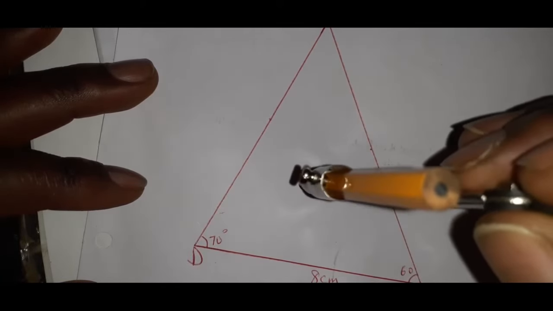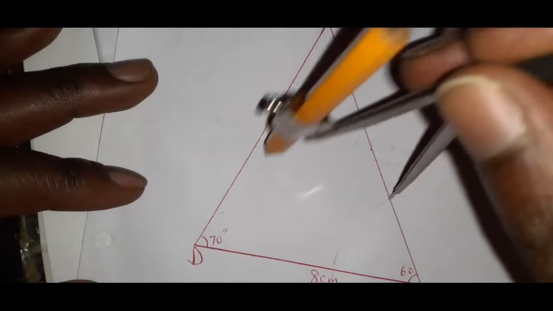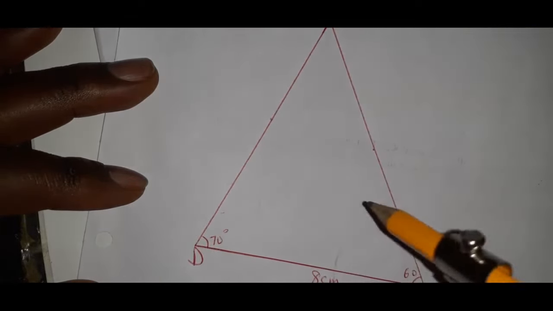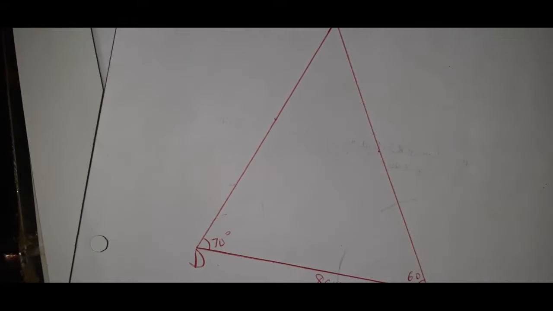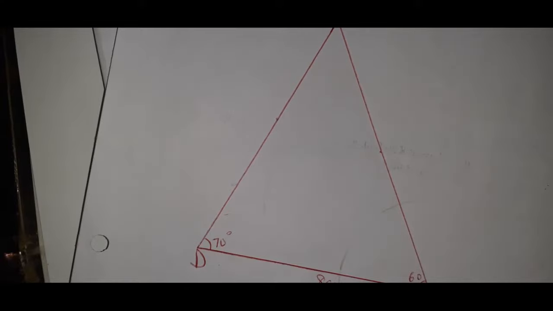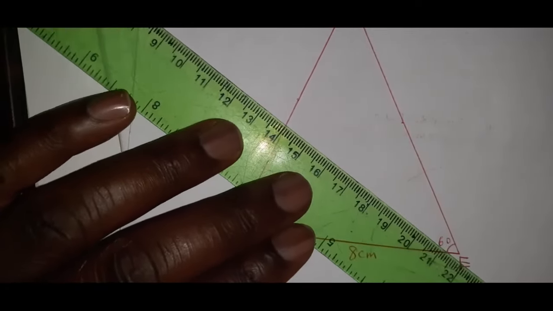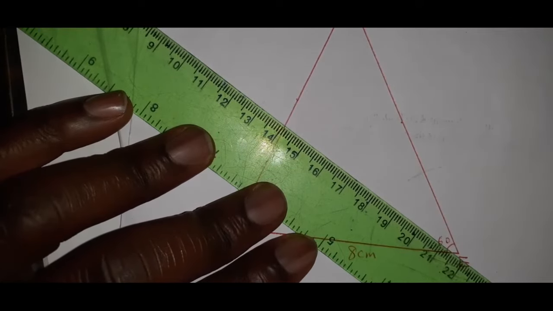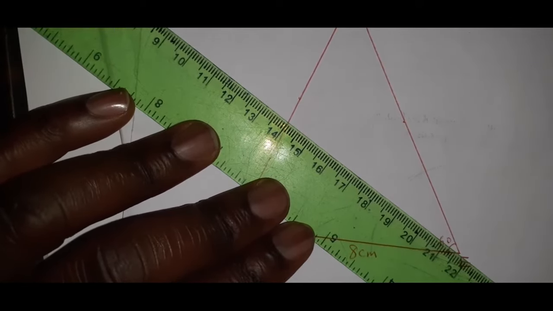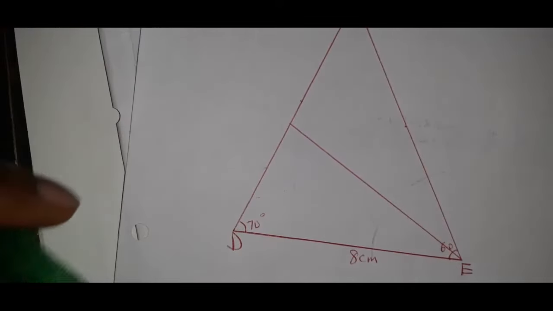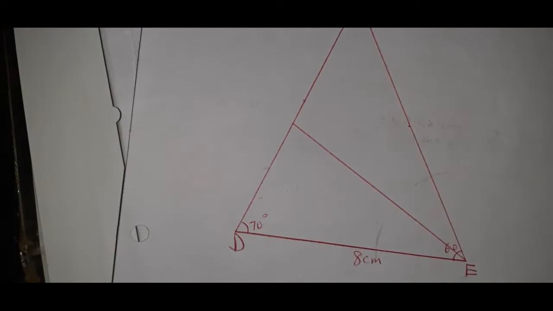Then you can say you have this arc. Here, have another one. Okay. So then we draw a straight line from this point, and it should be cutting this one here. That is it.